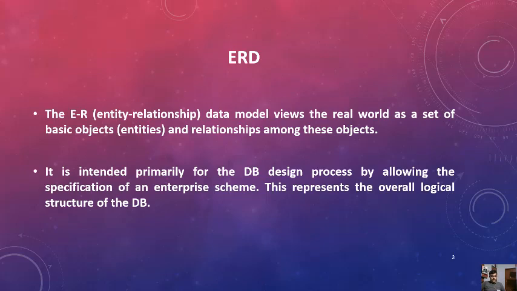It is intended primarily for the database design process, by allowing the specification of an enterprise system. This represents the overall logical structure of the database. So the data in the database will have this type of structure, and that is diagrammed here in the entity relationship diagram model.